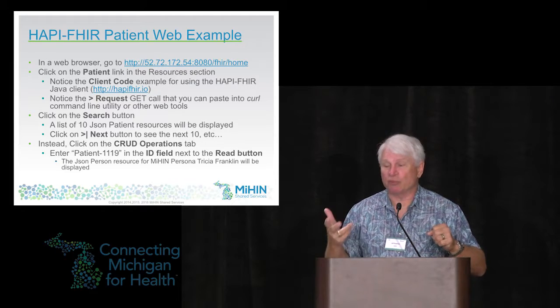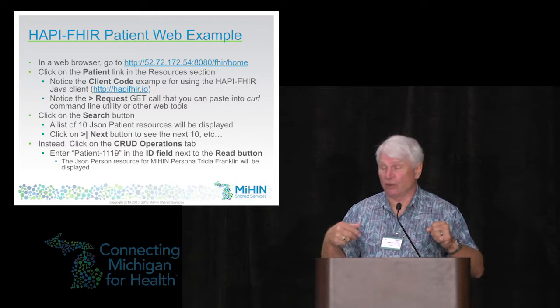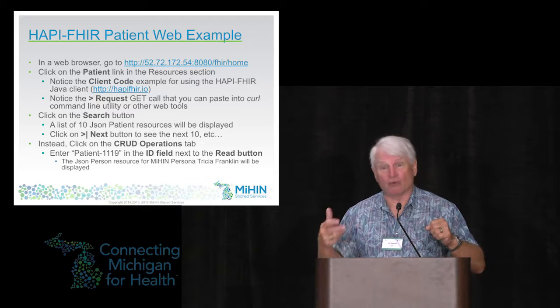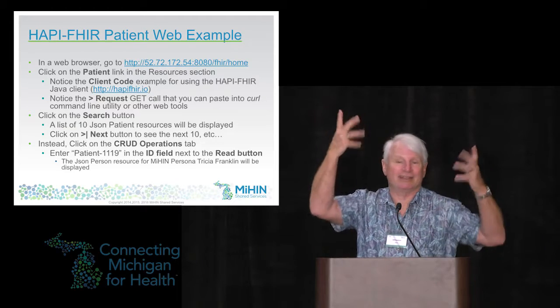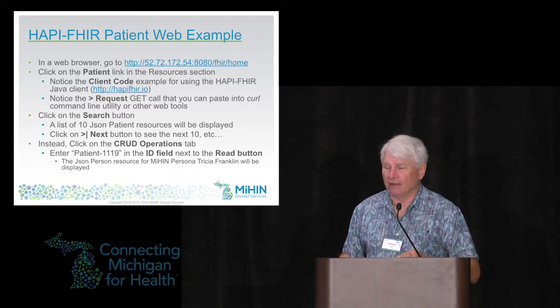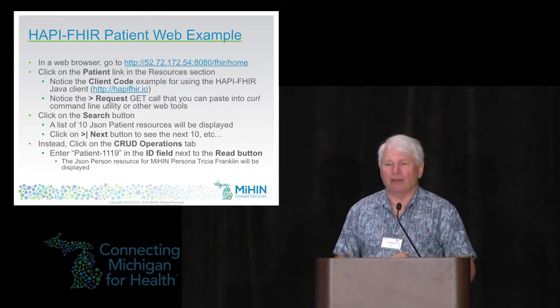It's going to have a search button that says, do you want to search for these patients, or do you want to do some CRUD operations on them? And if you click the search button, you're going to get a list of the first 10 that it found. And you can look at those and see what the JSON representation is.